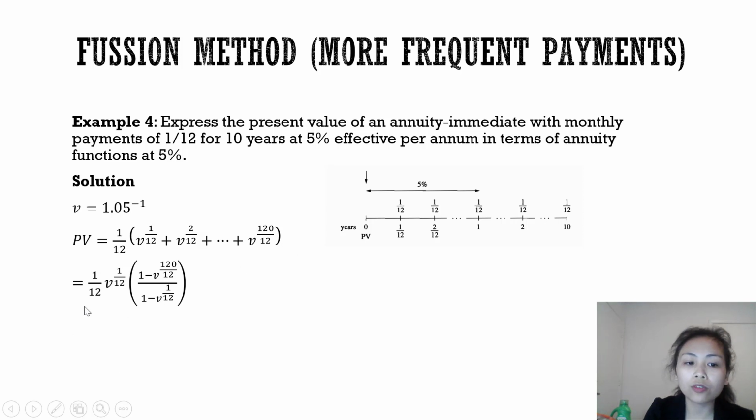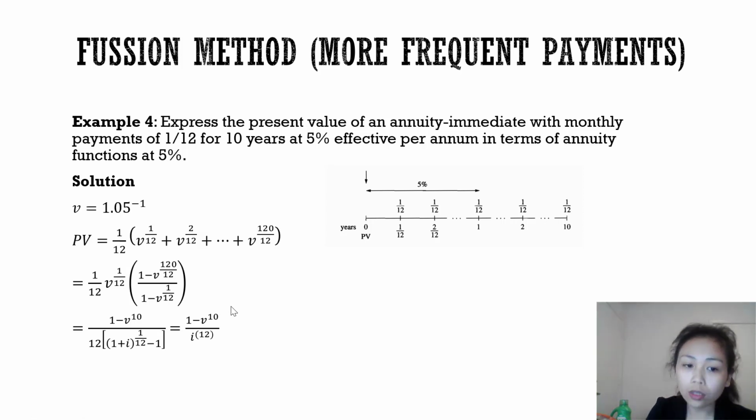And we have this is 1/12 v to the 1/12, 1 minus v to the 120/12 over 1 minus v to the 1/12. So this is equal to, we are going to bring 1 over v to the 1/12 to the denominator. So 1 over v to the 1/12 is 1 plus i to the 1/12, and v to the 1/12 over v to the 1/12 is 1.